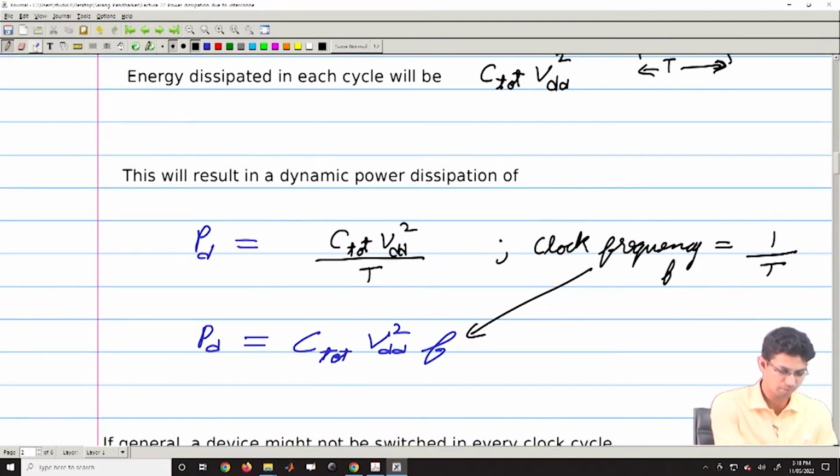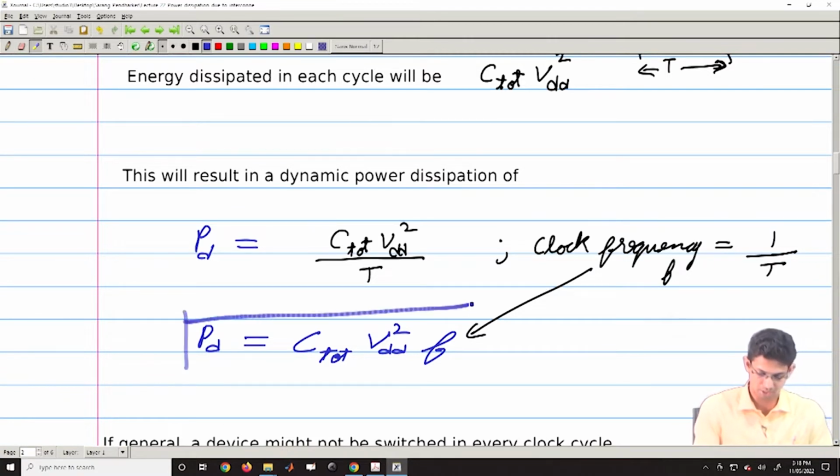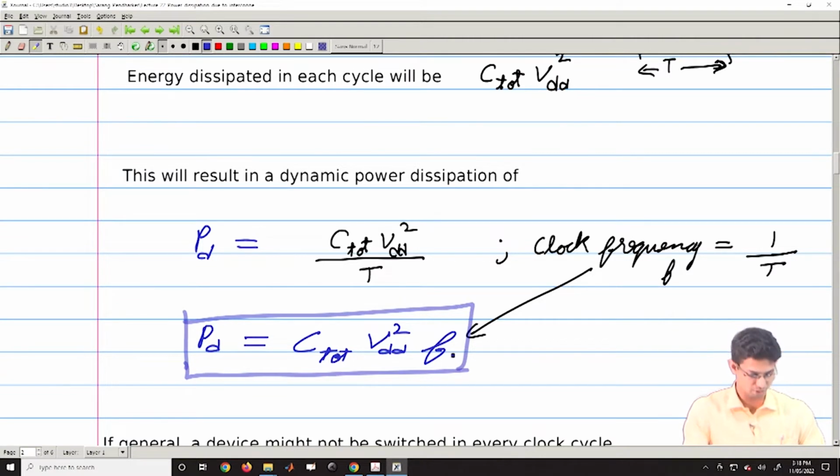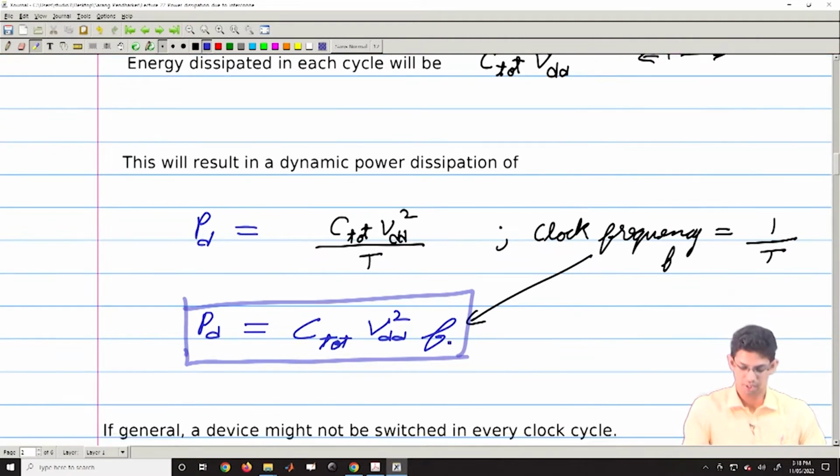So, your total dynamic power dissipation would be C total into VDD square into f, where f is the clock frequency.